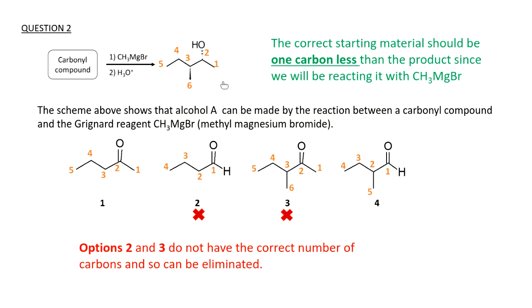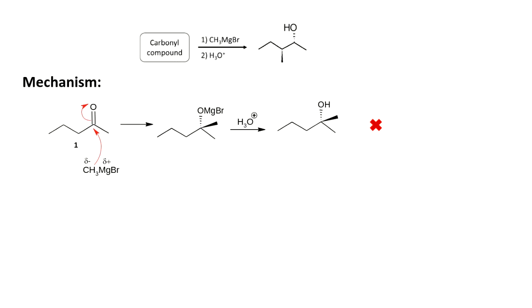So let's look at the mechanism of the reaction, just to refresh our memories of how carbonyl compounds react with Grignard reagents. Here the nucleophile is going to be the alkyl group from the Grignard reagent, and that's going to attack the carbonyl. As you recall from lectures, we know that the carbon-magnesium bond is polarized.